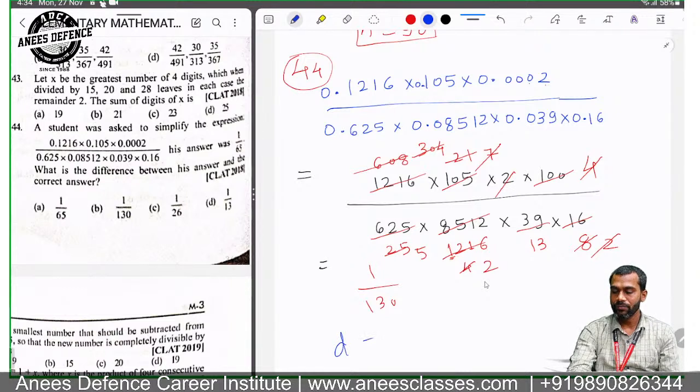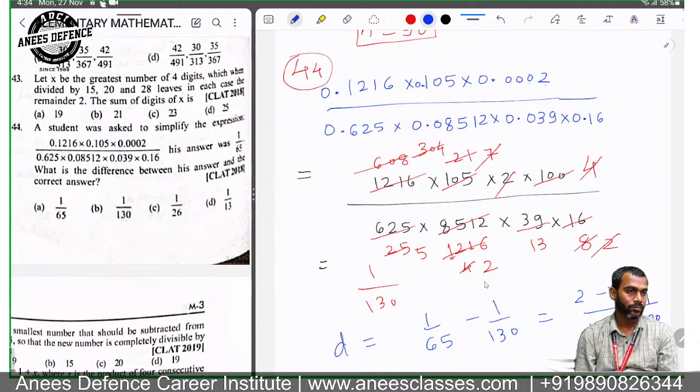So D is what? 1 by 65 minus 1 by 130. That is equal to 2 minus 1 by 130, that is 1 by 130. Done. Answer is 1 by 130.